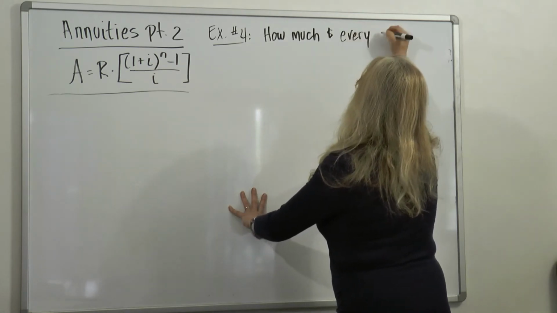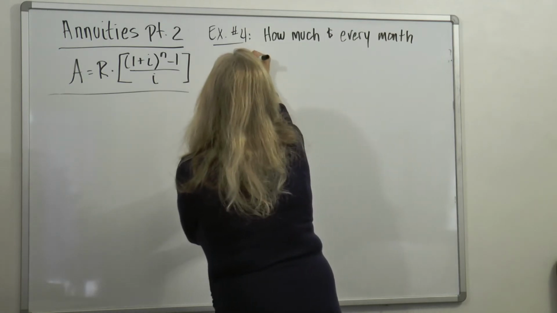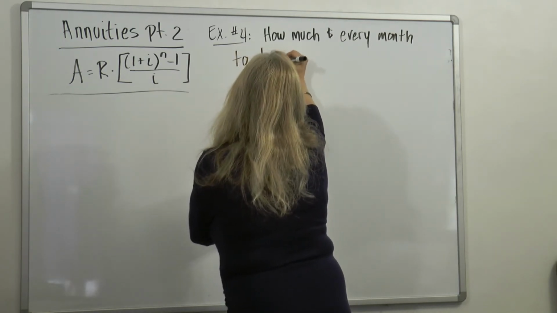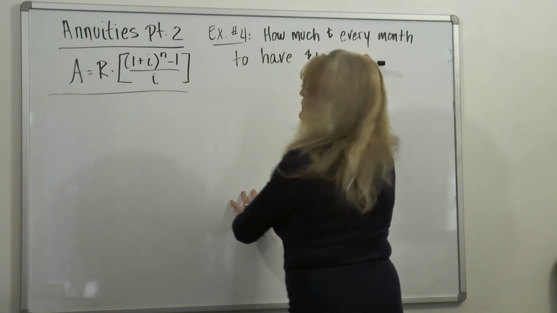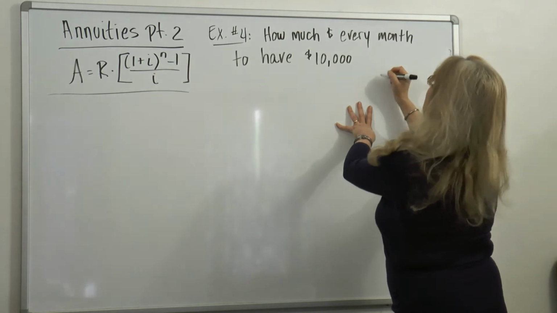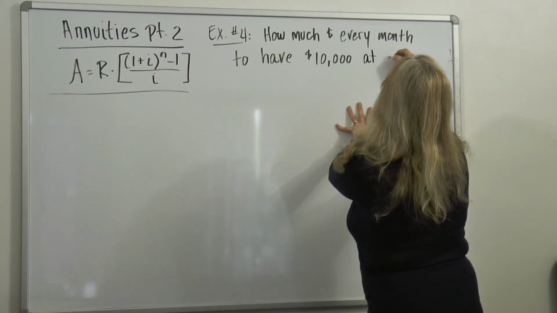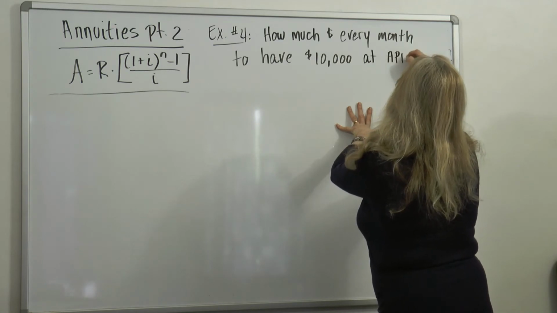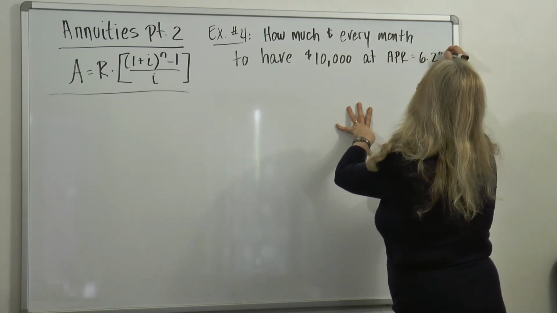How much money every month to have, say, $10,000. I'm going to put down a pretty good chunk on a car, okay? To have $10,000, at APR equals, say, 6.2%.